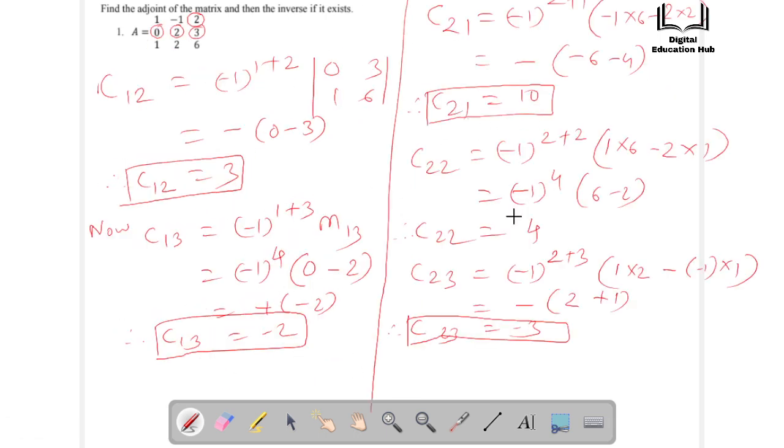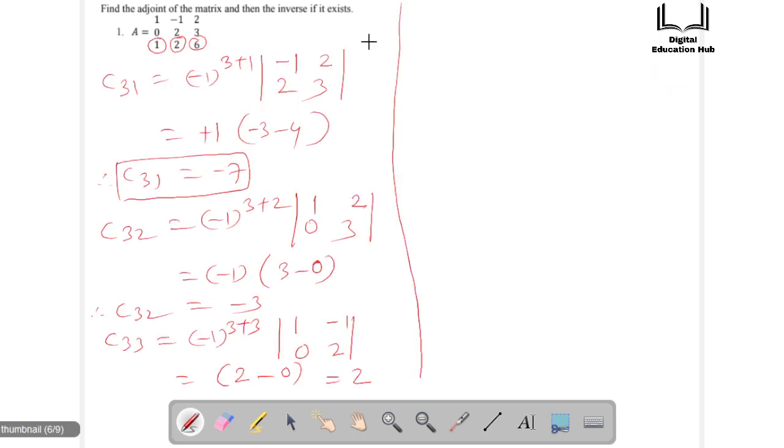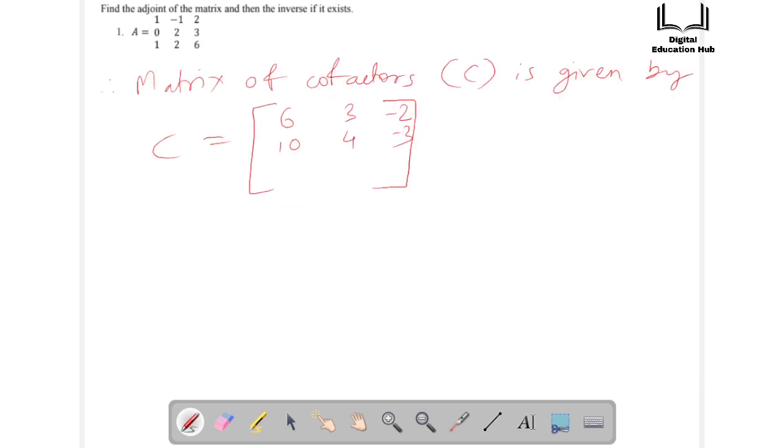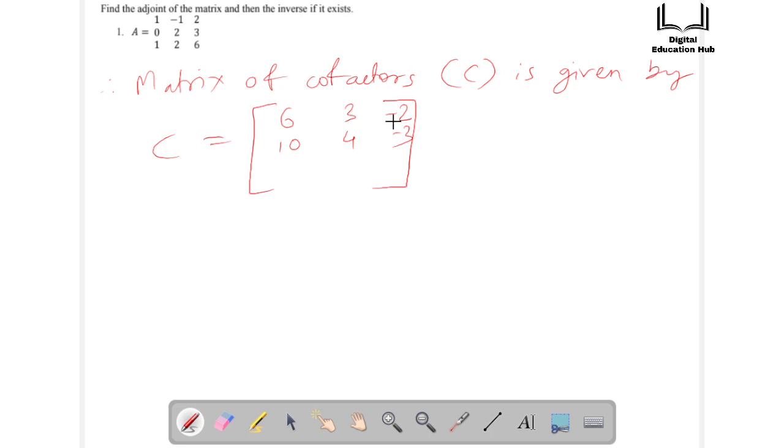Then 10, 4 and minus 3. Minus 7, minus 3, and 2. It is positive 2.